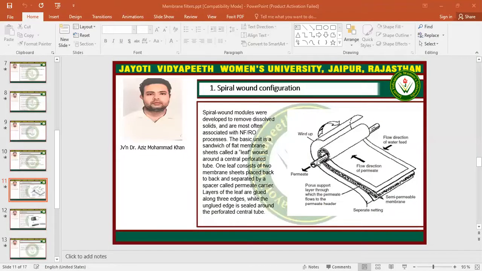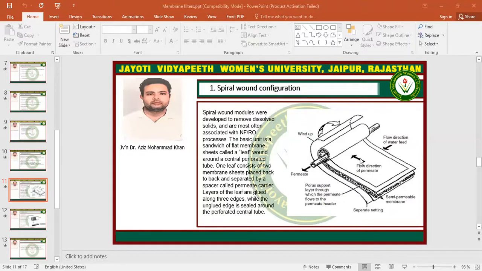So this is a spiral wound configuration, and this is a sandwich. It is a sandwich of flat membrane sheet, which is called a leaf. It is a leaf-like structure, and this is one leaf, and this is the second leaf.